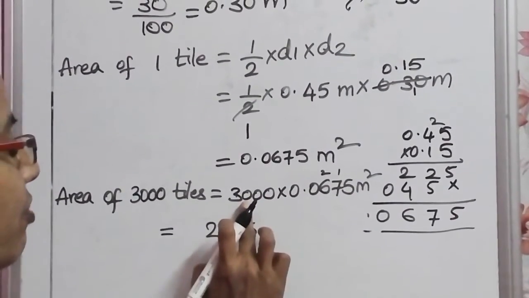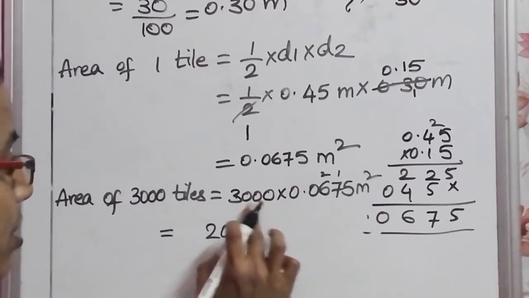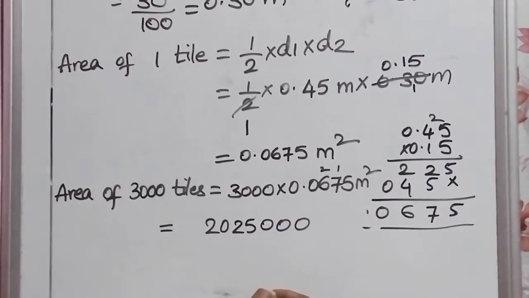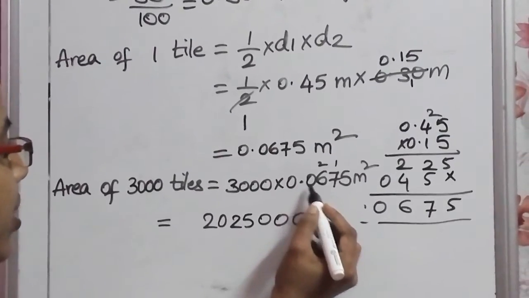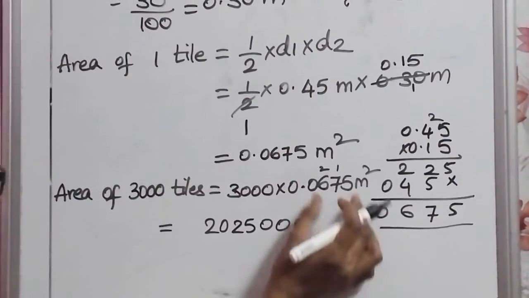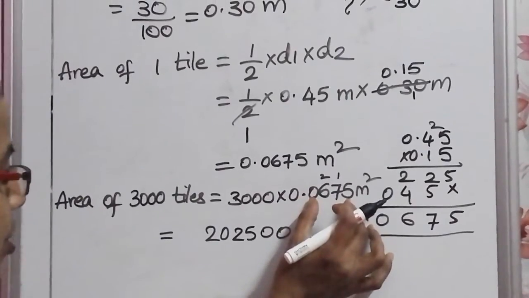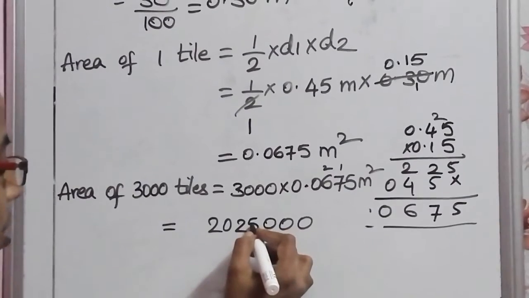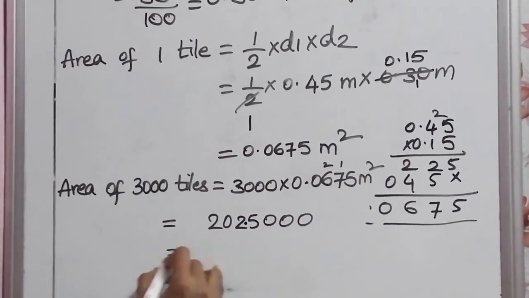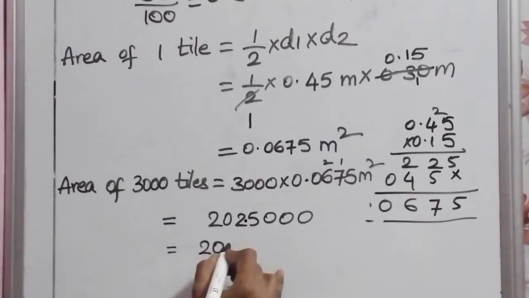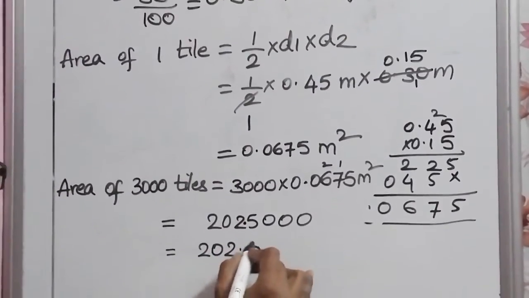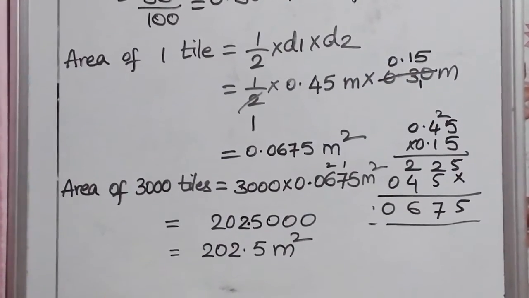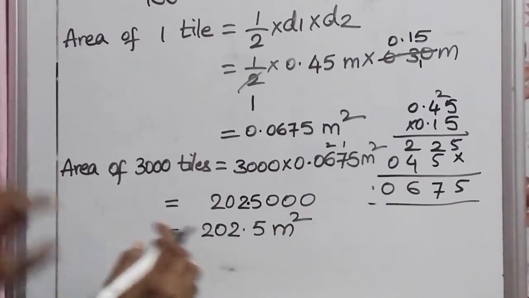When you multiply with 3000, 3 zeros should be added to the end. 1, 2, 3. 3 zeros are added. Now from the last you have to count 4 digits. 1, 2, 3, 4. Here the point will come. So this is nothing but 202.5 square meters.